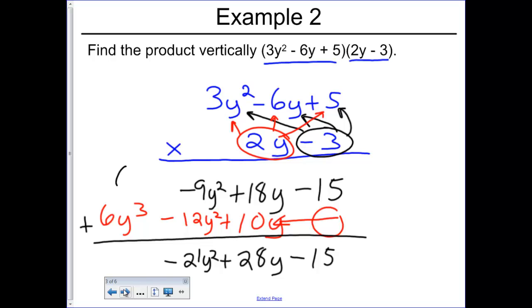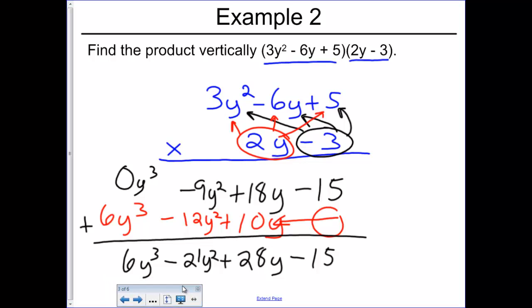And I have no y cubes to combine up here, so 0y cubed plus 6y cubed leaves me with 6y cubed. And I end up with a 4-term polynomial with a leading coefficient of 6 and a highest degree of 3, so a 3rd degree polynomial.